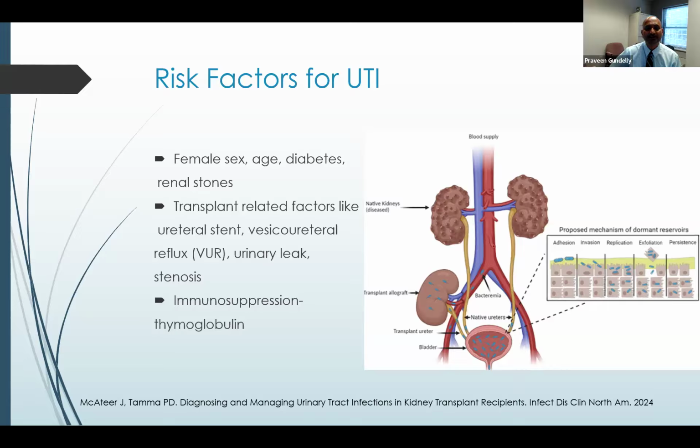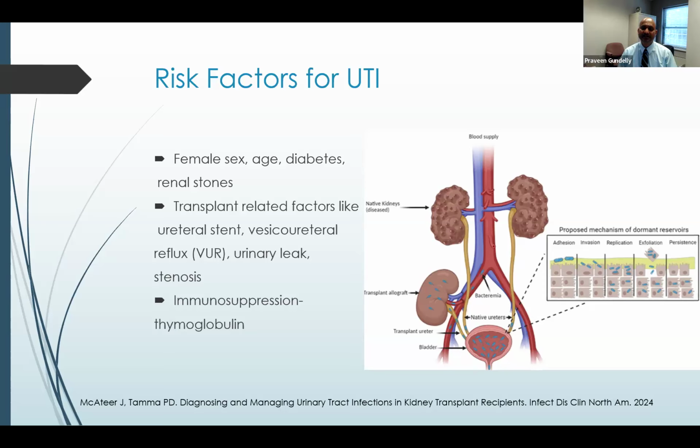And one of the other common risk factors within the first few weeks of transplant is a stent. A stent is needed to prevent stenosis. So most of the surgeons and most of the kidney transplant patients have a stent so that they don't develop a stenosis later on.